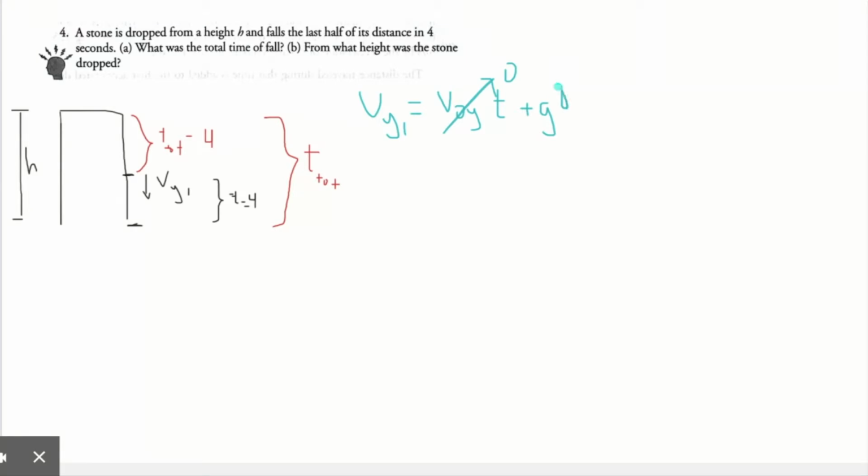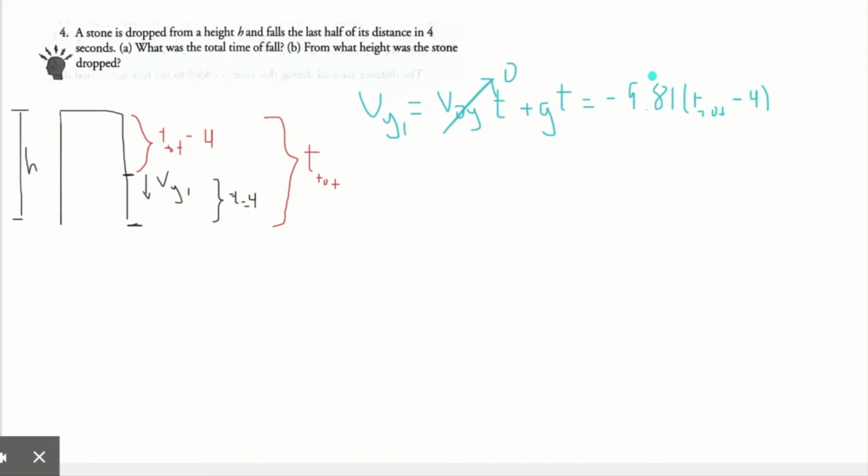G is the acceleration due to gravity. The time it takes to get from here to here is t tot minus 4, so it will be minus 9.81 times t tot minus 4.